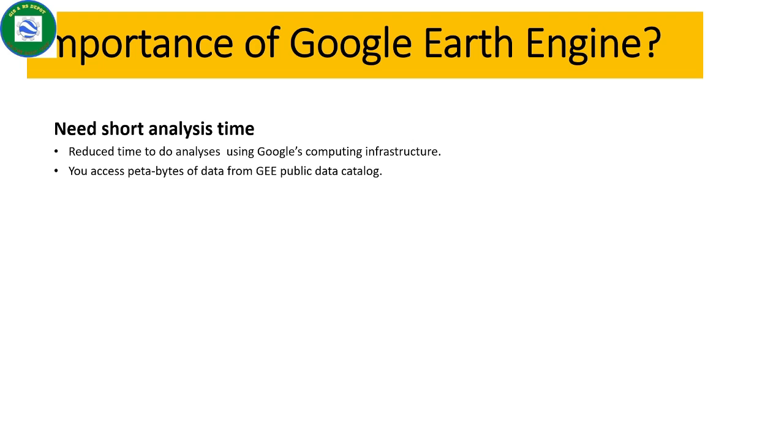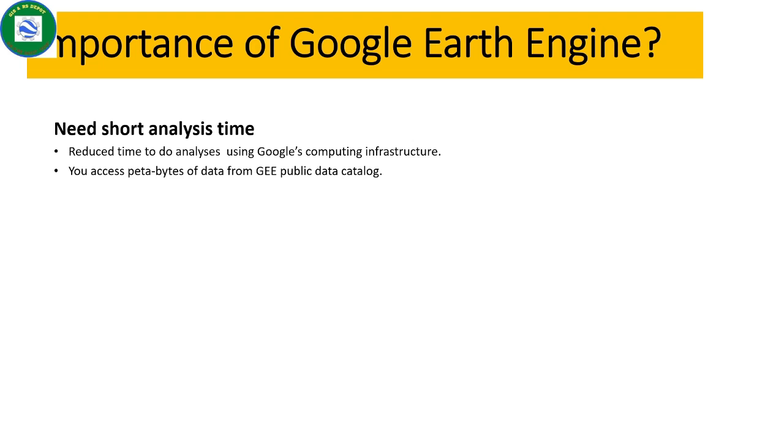It wastes your analysis time. In Google Earth Engine you need short analysis time, very fast. It reduces the time to do analysis using Google Earth Engine computing infrastructure, and you access petabytes of data from the Google Earth Engine public data catalog.